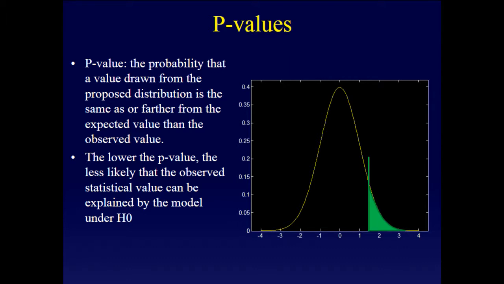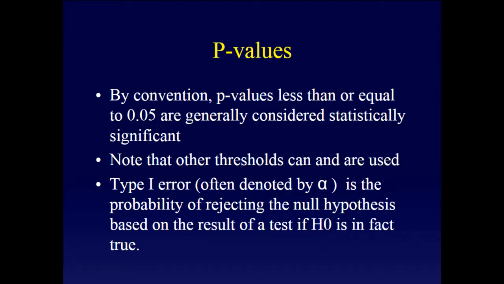And of course, based on that, the lower the p-value, the less likely it is that your data is actually modeled under the distribution proposed by the null hypothesis. And so the lower it is, the more likely you are to reject the null hypothesis. And by convention, p-values less than or equal to 0.05 are considered statistically significant.